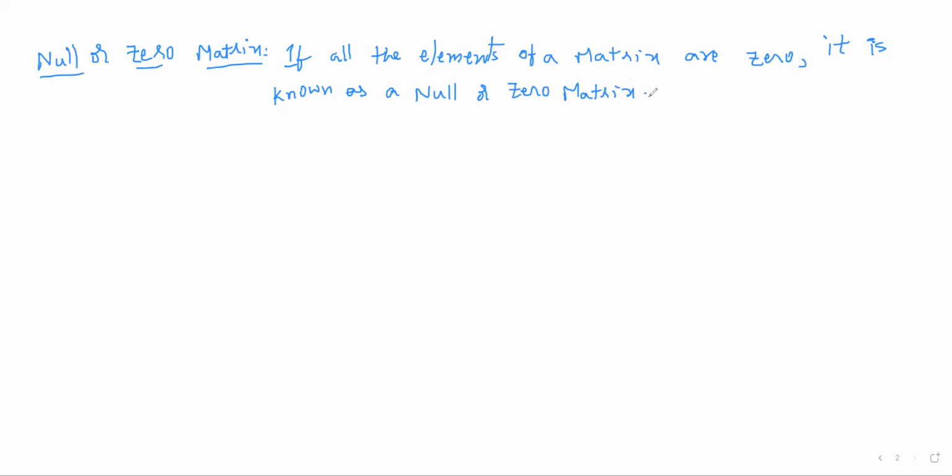It is denoted by capital O. An example for a null matrix is 0, 0, 0, 0, 0, 0. This is one example. And 0, 0, 0, 0. All the entries are zeros. These are null matrices. Okay.